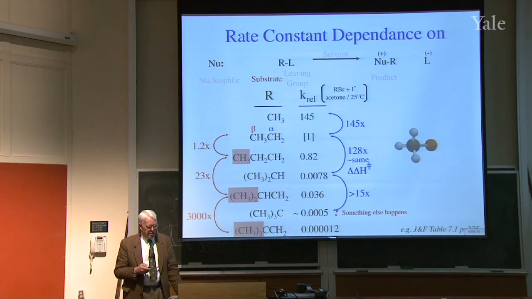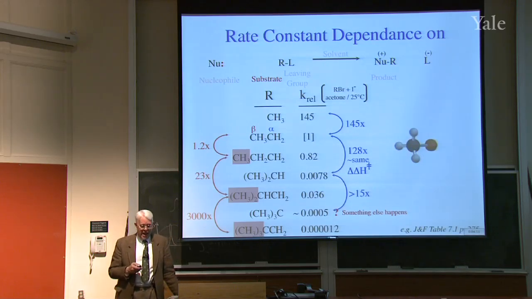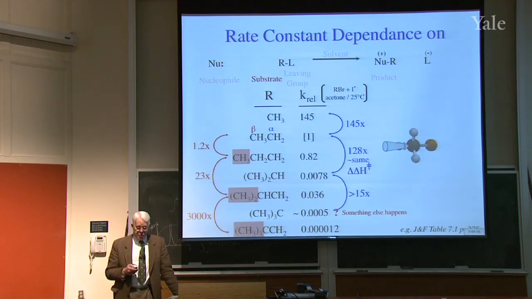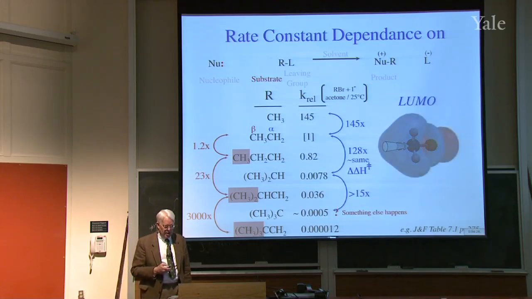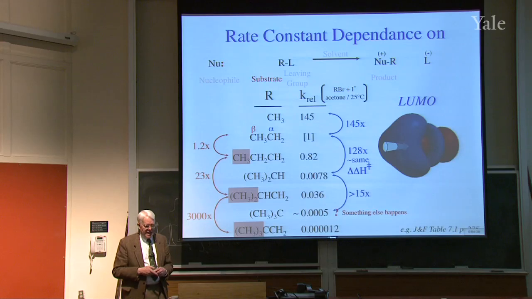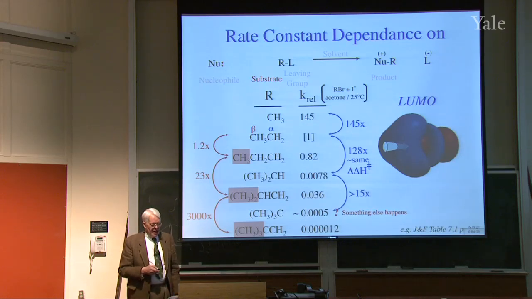Okay, well, here's the case in methyl with bromide ready to leave, and we have to attack the backside, or let us suppose we're attacking the backside, which seems plausible on the basis of the stereochemistry and the rate constant. Okay, that means we're attacking that LUMO. Okay, now let's look at that same thing in the case of the alpha substitution.